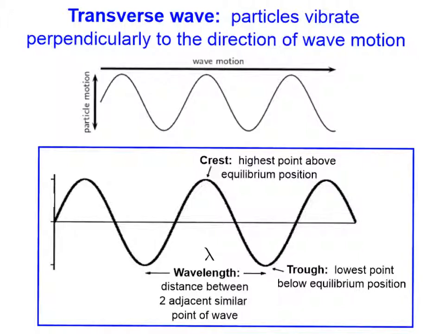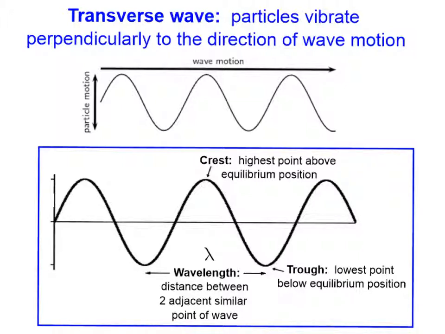And there are a few things that we should note about a transverse wave. Transverse waves have wavelength. And remember that a wavelength is the distance the wave travels during one cycle. Another way to think about it would be the distance between two adjacent similar points of the wave.